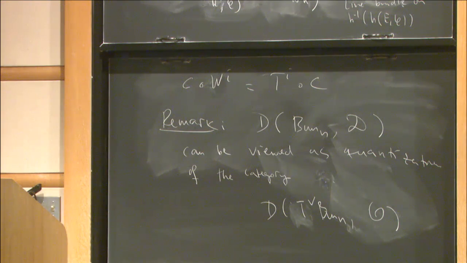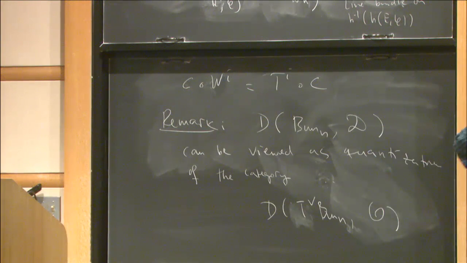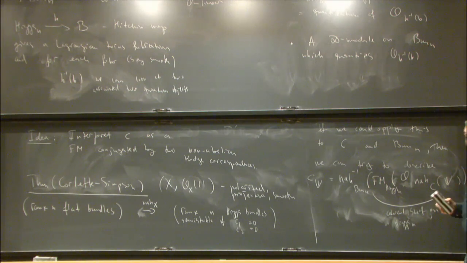And the way to handle it is to understand that really there is no chance that on the moduli of bundles you can run the non-abelian Hodge correspondence in its vanilla form. You really need to do the ramified version of the non-abelian Hodge correspondence.